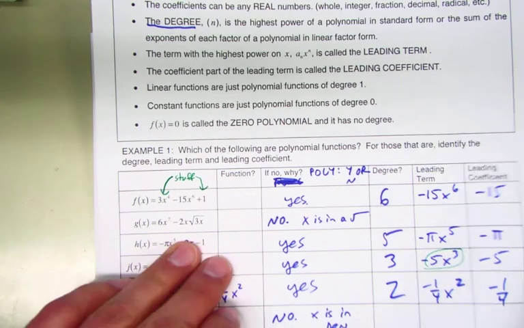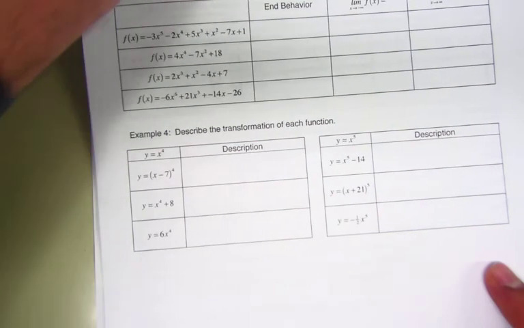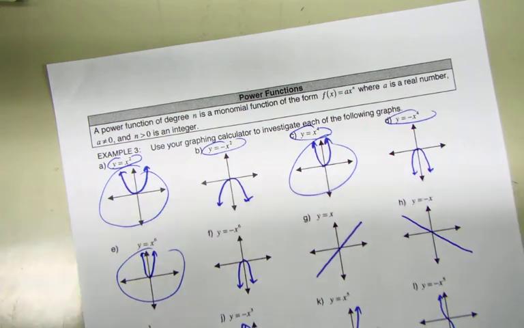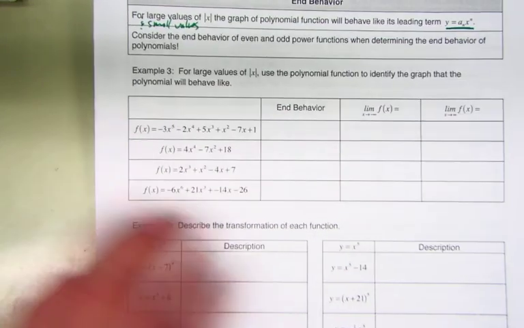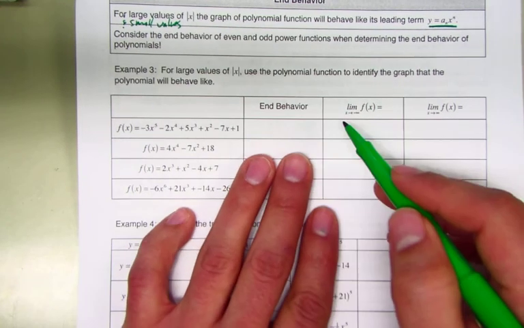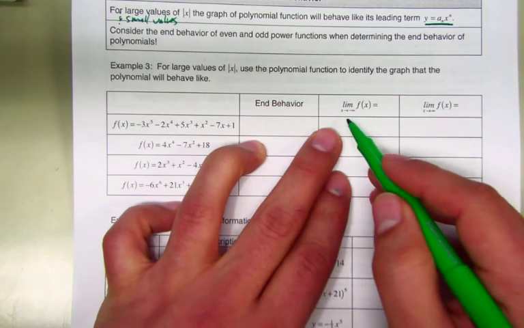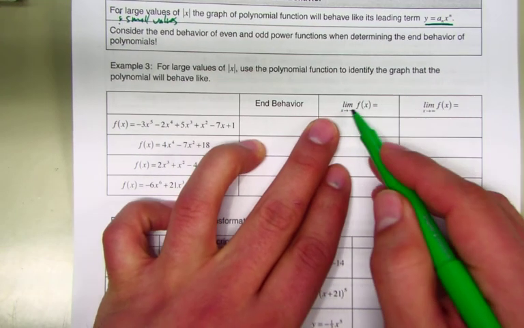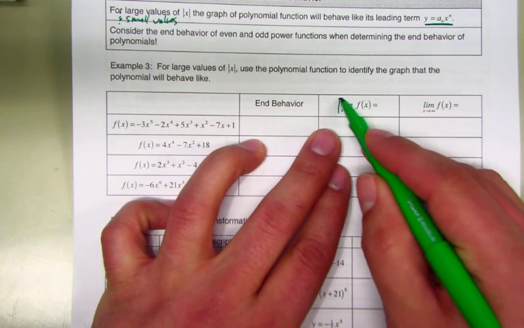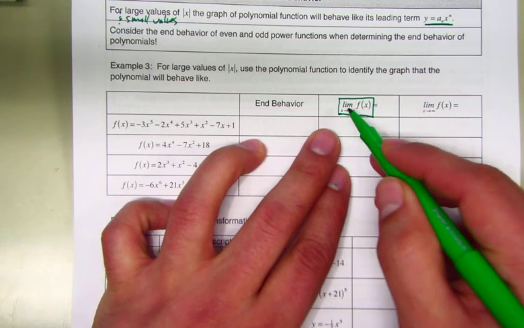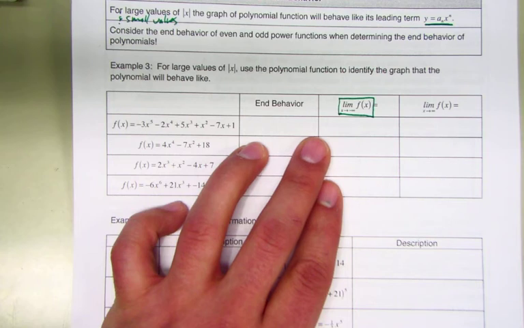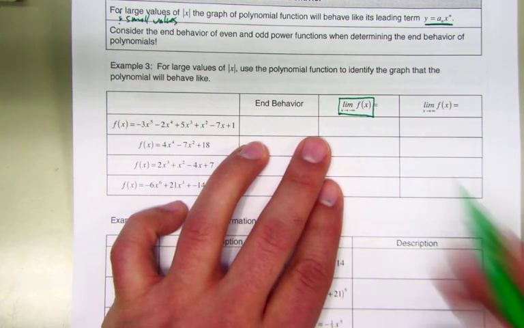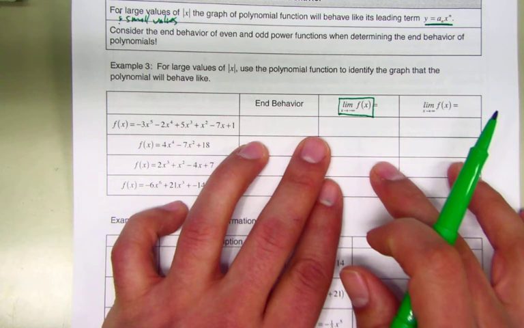Okay, good. Let's see if we can put it together now. So here's some new notation that we're going to talk about real quick. This right here is called a limit. For those of you that are going to take this course and then take the next one, which might be a business calc or a calculus class, you'll do lots of limits in those classes.